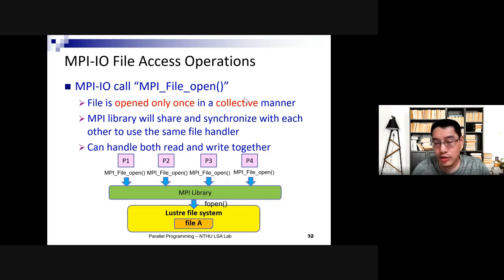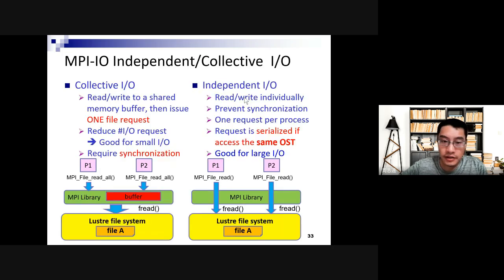So it's the user's responsibility to coordinate and decide which region each task should write, so there will be no overlap between the data they write. That's the responsibility of the user, not the MPI library. The MPI library simply allows the MPI processes to interact with the parallel file system.